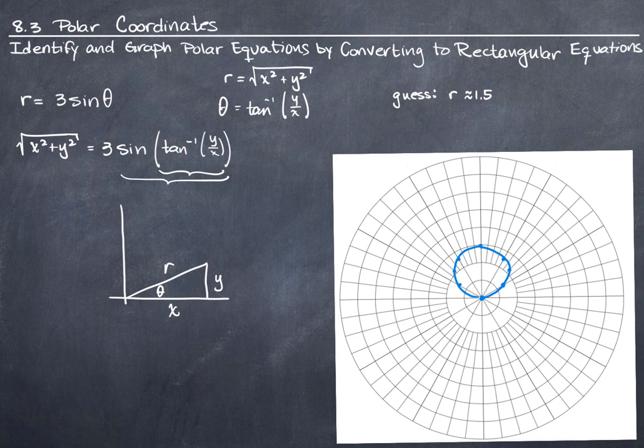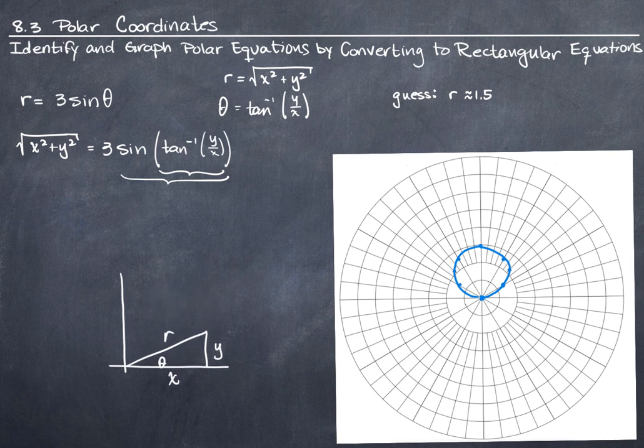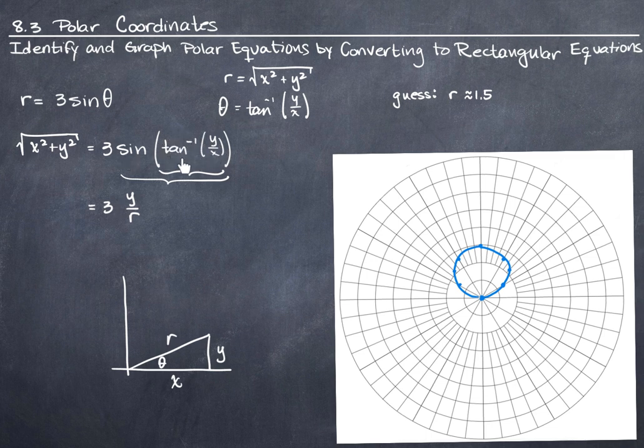So let's see, can I move this down? Oh, there we go, that's not too bad. So I'm going to rewrite the right-hand side here as 3 times y over r. Because whatever the angle is that the tangent inverse of y over x gives me, the sine of that angle is y over r. So there's my right-hand side.